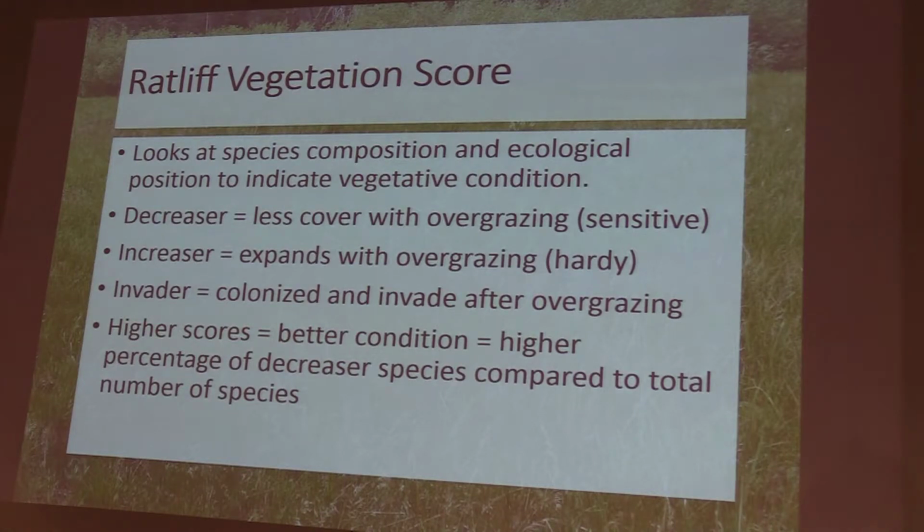And then the invaders are ones that weren't there before, and after overgrazing occurs, they may colonize, invade and increase. So a higher Ratliff score means better condition, and it's a higher percentage of decreaser species and increaser species compared to the overall number and the overall cover.